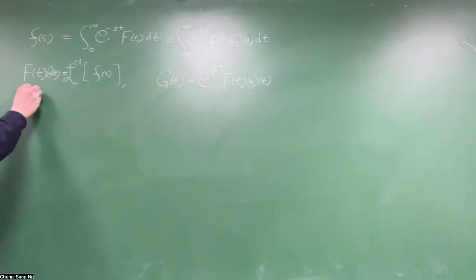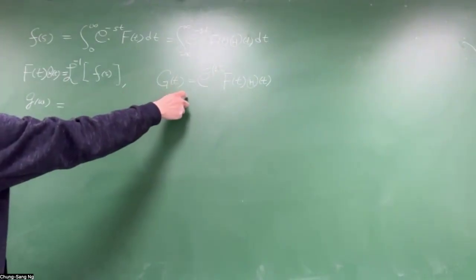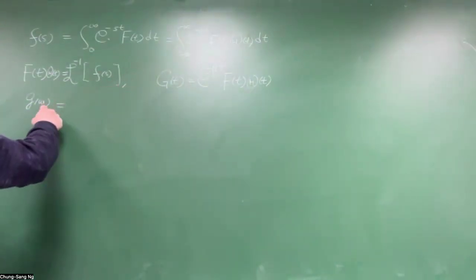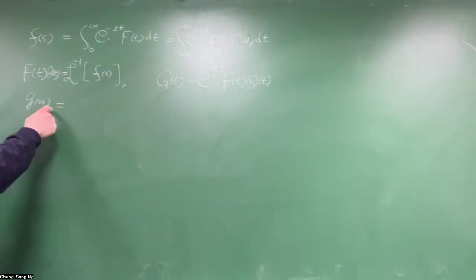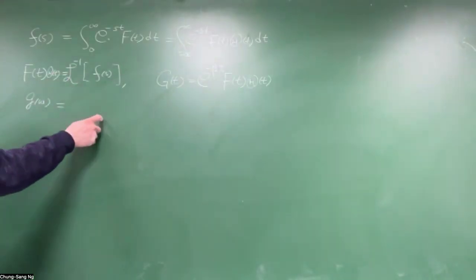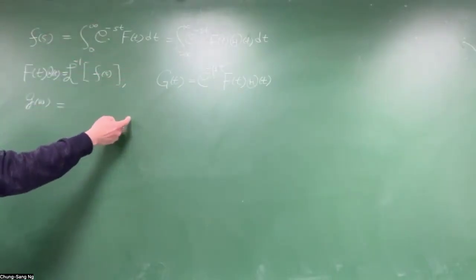So let's see over here. Maybe now we change the convention, not using the symmetric convention, but the convention with no 2 pi factor when you do the transform, and then you have 1 over 2 pi at the inverse transform. This is to be consistent with the Laplace transform.